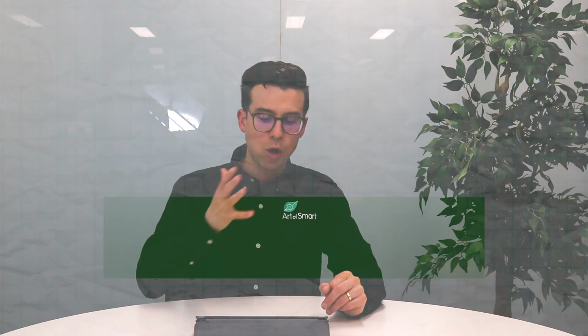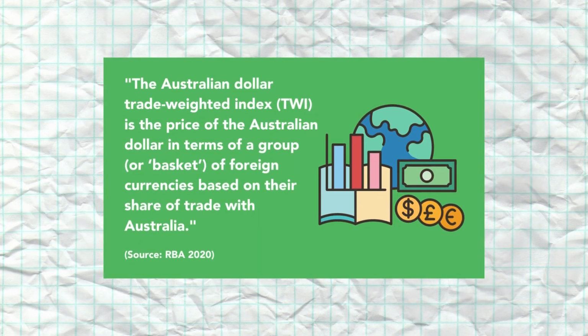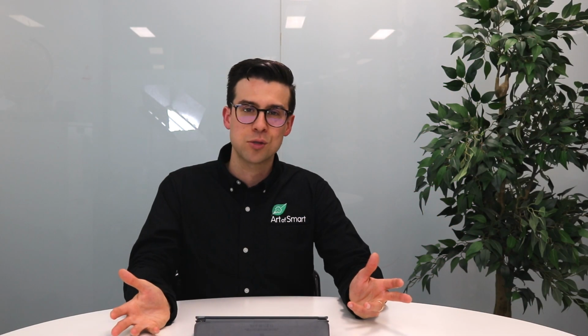Now, what I will highlight is that on a trade-weighted basis, which measures the Australian dollar against a basket of global currencies weighted to our major trading partners, it's broadly trading flat to levels at the start of 2022. So the point here is that, yes, the Australian dollar to US dollar relationship has fallen, it's 10 cents down since April this year.